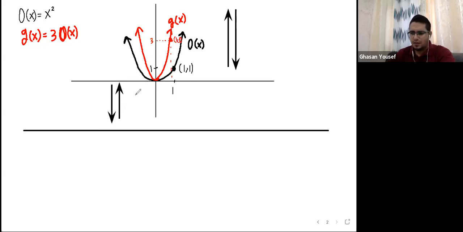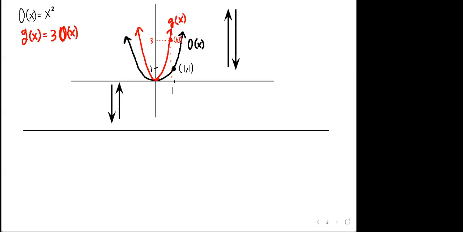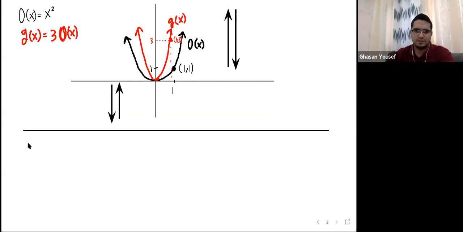Okay. Now for graphing the second one, h of x equal 1 over 3x squared. First of all, you have to change this function to the original function O of x. My original function O of x equals x squared. What should we do for this function to make it similar to this one?